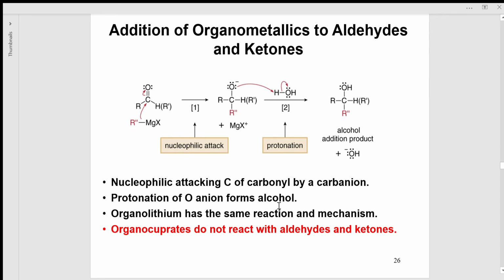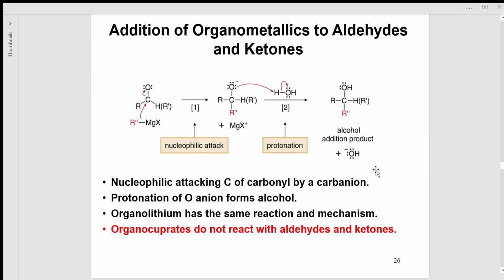Addition reactions of organometallic reagents to a carbonyl compound. This is a very, very important reaction. I would say this is a very, very common reaction. Organic chemists use it in labs to make all kinds of molecules.